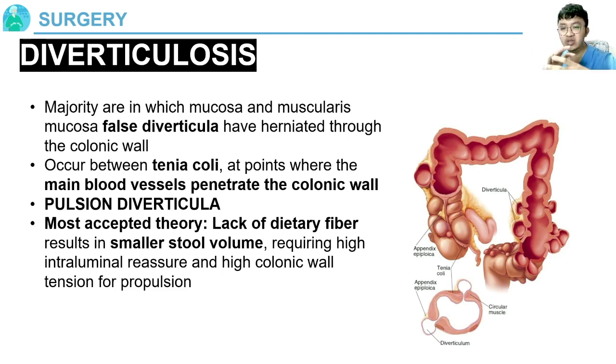If there's more pressure, remember, again, diverticulosis is due to a weakness of the colonic wall. If there's more pressure, there's more chance for the mucosa and submucosa to herniate. If it herniates, again, you now have a diverticulum, which is false, otherwise known again as a pulsion diverticula.